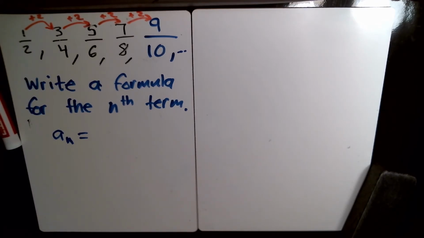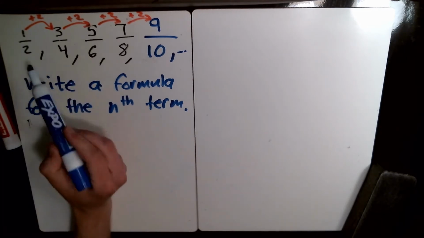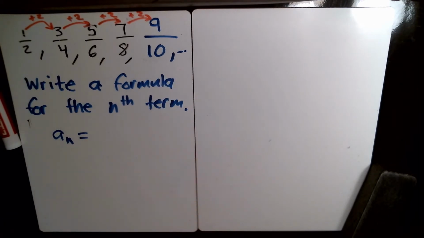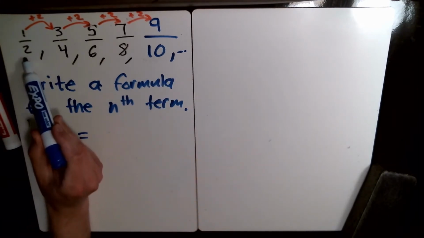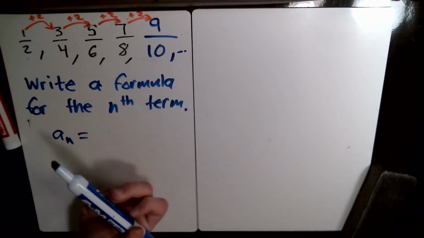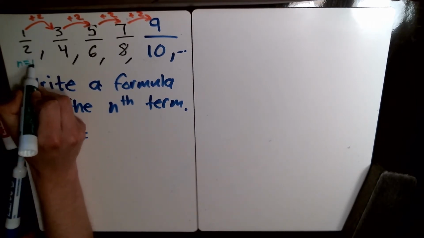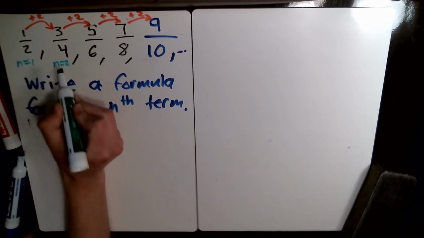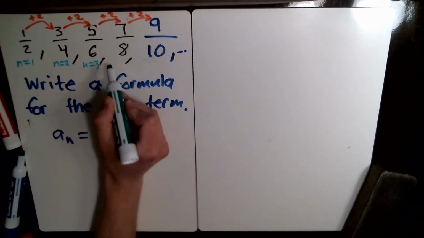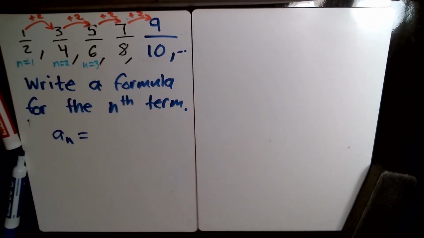I want to be able to write a formula with n in it so that I can find the nth term of this sequence. So this is your first term, when n is 1. So 1/2 is when n equals 1. This is when n equals 2. This is when n equals 3, and so on. So we want to write a formula that will give me these things when I plug n in.